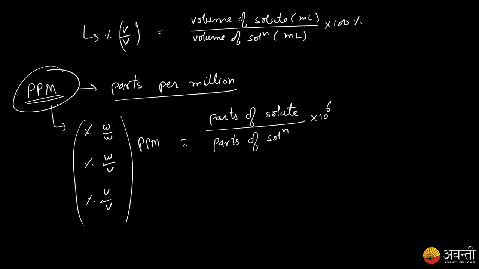So if you are talking about the percentage weight by weight parts per million, then it will be weight of solute in gram divided by weight of solution in gram into 10 to the power 6.